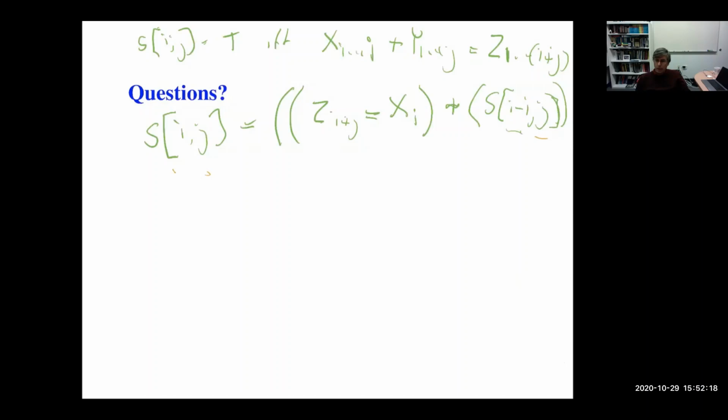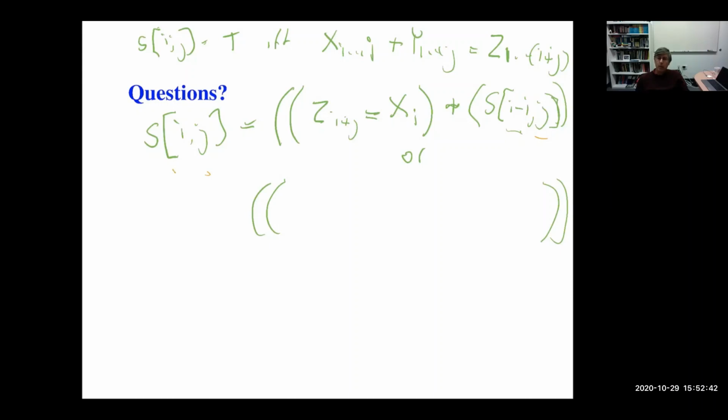Okay. I'm going to now say or. How do I deal with it being the last character of the second string? What would be the way that would work?